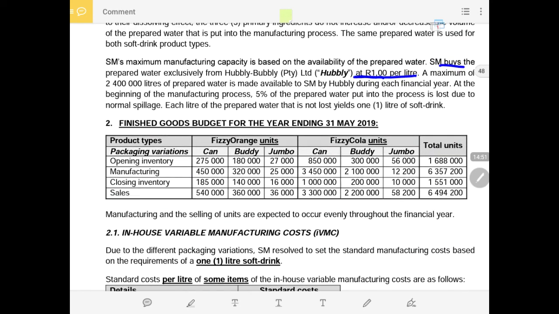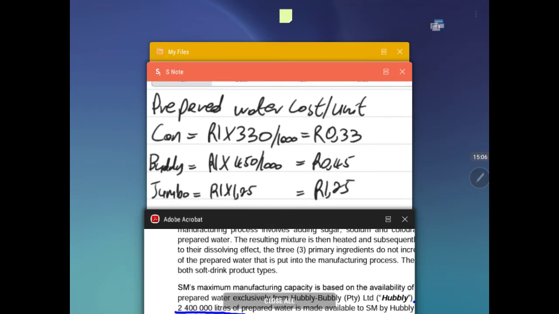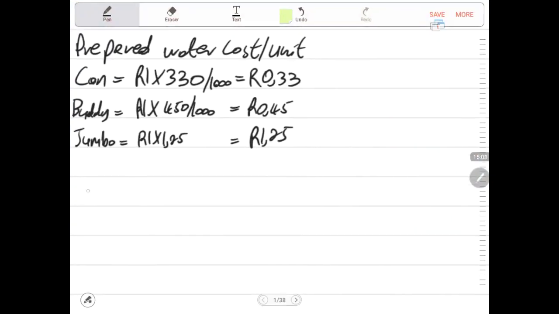Then we continue further with that reading. It says a maximum of 2.4 million liters of prepared water is made available to SM by Hubby during each financial year. So now the maximum capacity is 2.4 million.